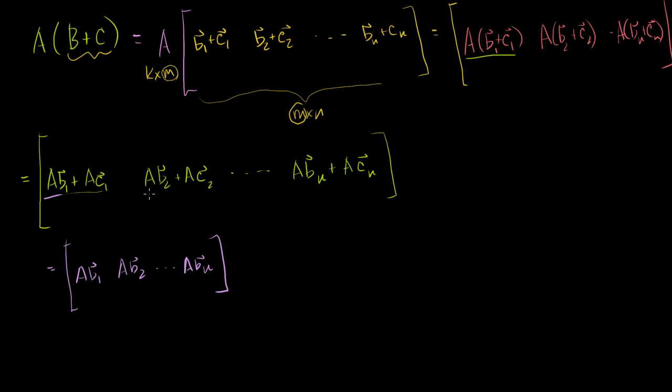So that's these terms right there. And if I were to add to that the matrix with A times the column vector C1, A times the column vector C2, and so on, these are just the different columns of this matrix.